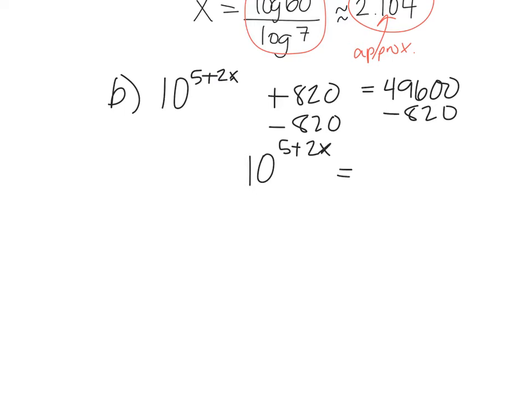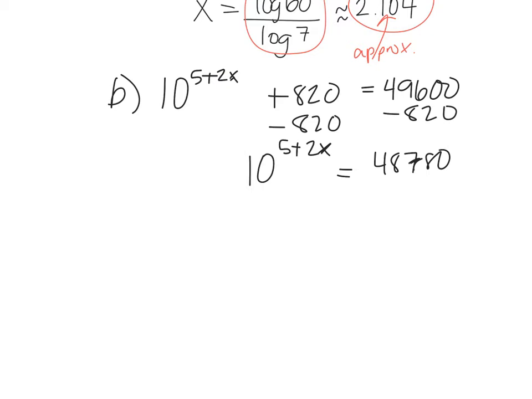equals, let's see, get my calculator, 49600 minus 820, and hopefully we get 48,780. Yep. All right. So now I can again, remember, take either the log or the natural log, and sometimes one choice is better than the other.